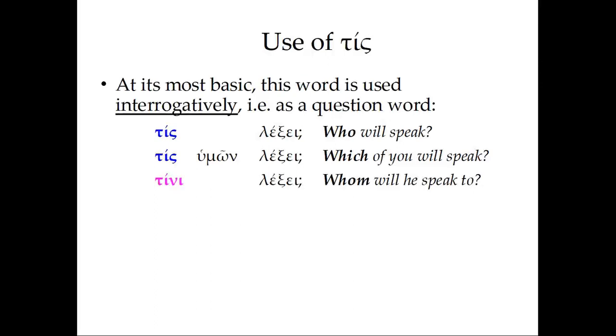We could also say tini lexei. Here this is the dative singular, masculine or feminine form, also neuter. Whom will he speak to? So this person who's going to be speaking, to whom will he speak? We would put this in the dative case because it would be the indirect object of our speaking.